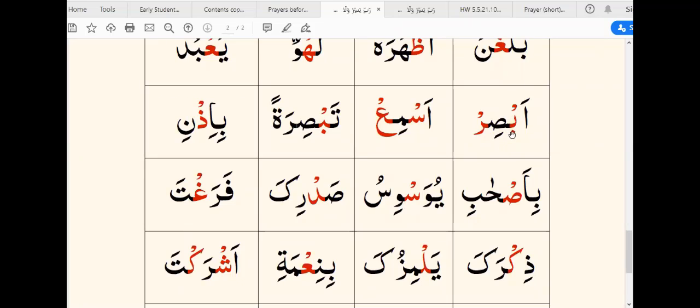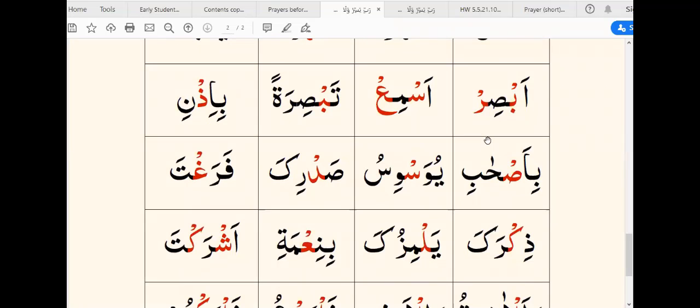So we have letter ba with the sukoon and letter ra with the sukoon. So we're going to join alif with ba and swad with ra. Absir. I can't hear you properly. Can you please come closer to the mic? Absir. Well done. Over here, letter sin with the sukoon and ain with the sukoon. Asmi.